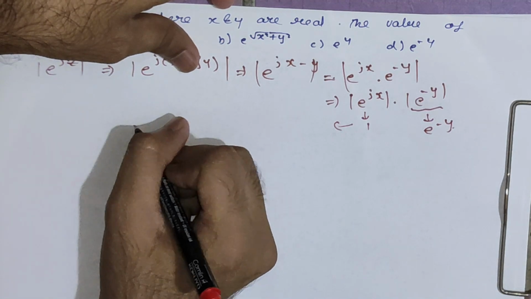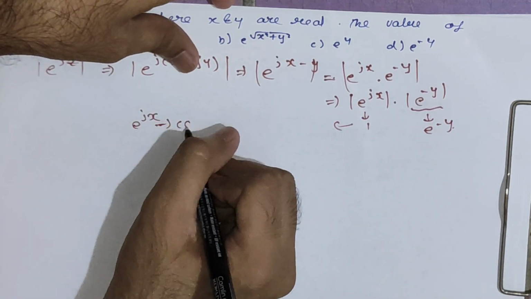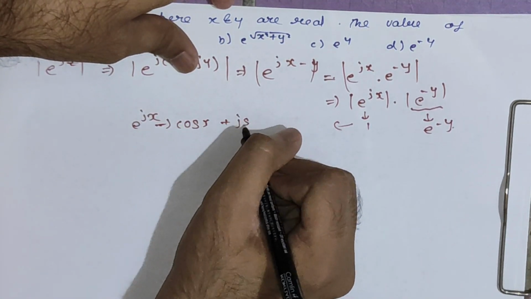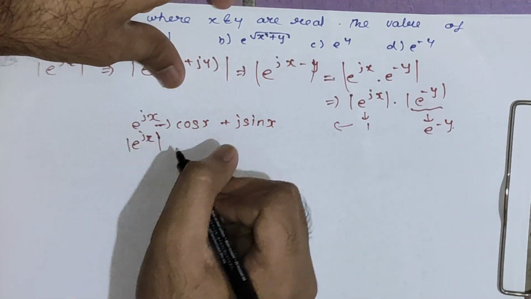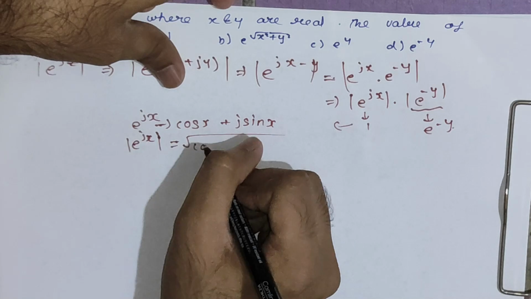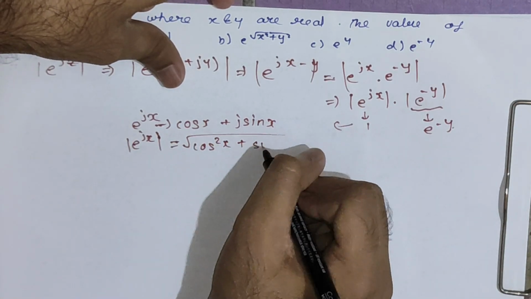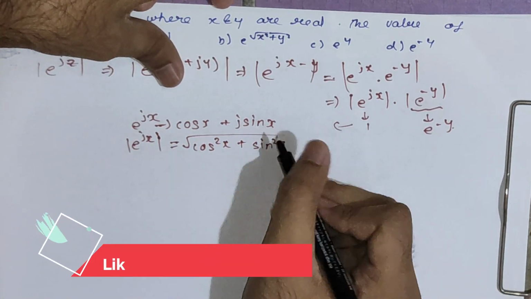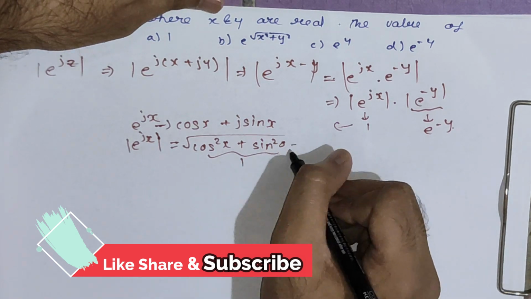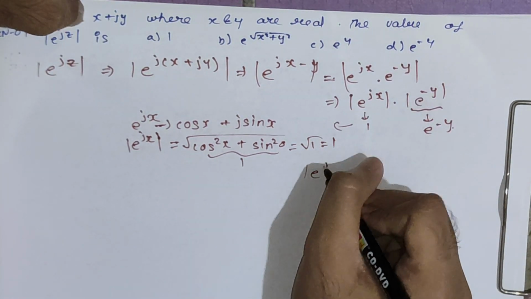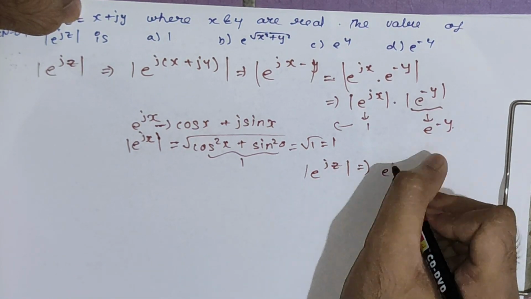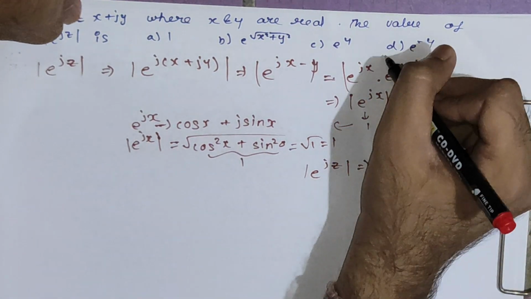Because you can replace e raised to jx as cos x plus j sin x. Now if you take the modulus, you will get under root of cos square x plus sin square x, and with the trigonometric identity this term is 1, so under root of 1 will be 1 itself. So the solution of this question, mod of e raised to jz, will be e raised to minus y. So the correct option will be D.